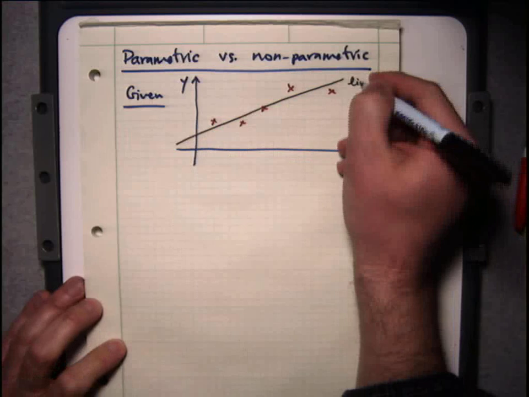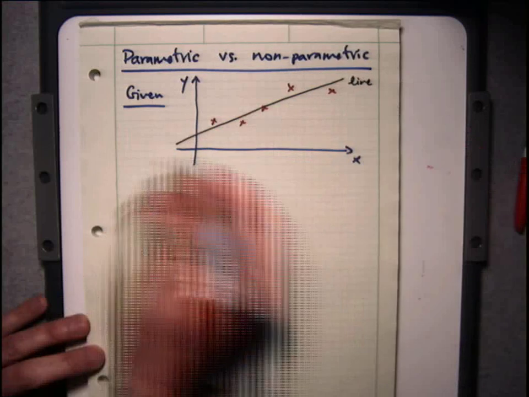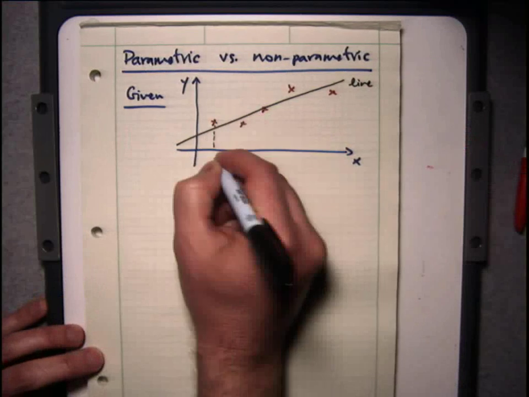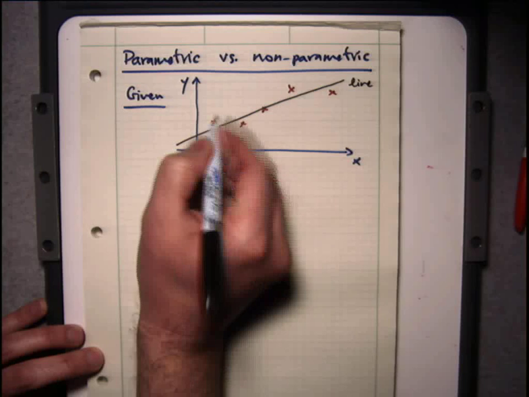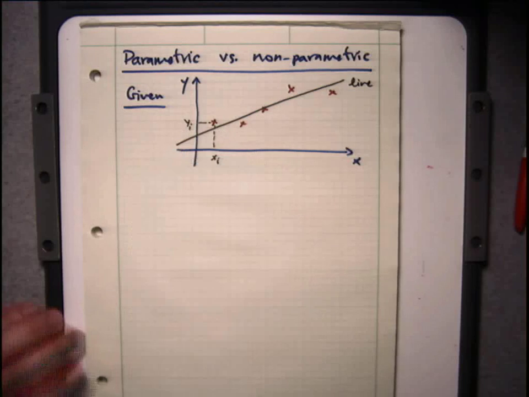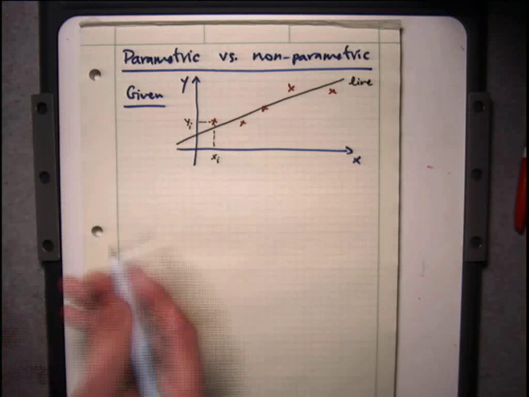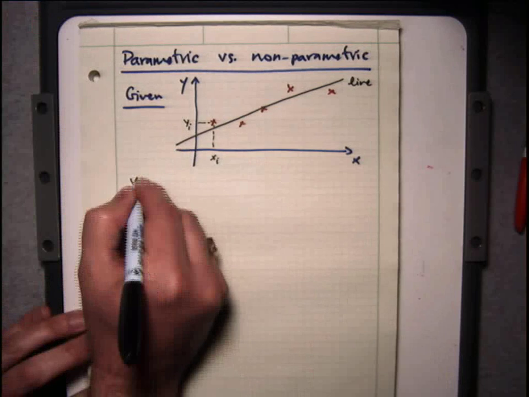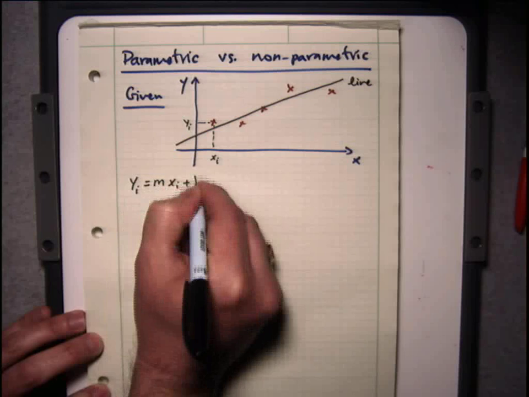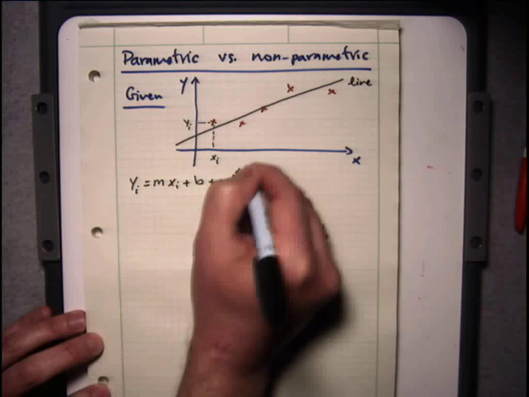Okay, so I'm going to assume a model. Let's say at each one of these points here, this is xi, and this is the corresponding yi. Okay, so this is a position, and that's a value. So you make a model. You say, okay, yi is equal to m xi plus b plus, say, wi, where this is kind of error.